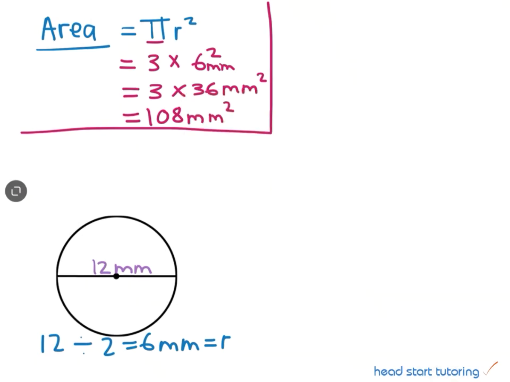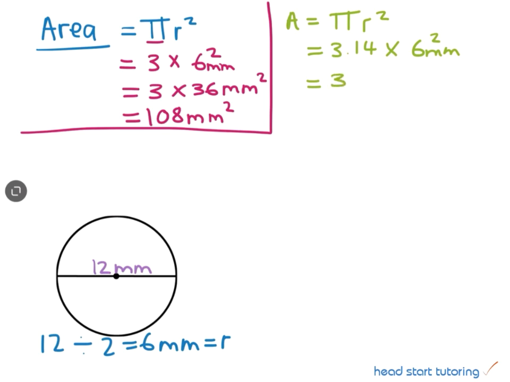Let's now have a look at the area of this circle using pi equal to 3.14. So again, we write down our formula, pi r squared, and we now need to plug in our numbers. So pi is equal to 3.14 multiplied by our 6 squared. And remember that's 6 millimeters squared. So we say 6 millimeters multiplied by 6 millimeters, which again gives us 36 millimeters squared.